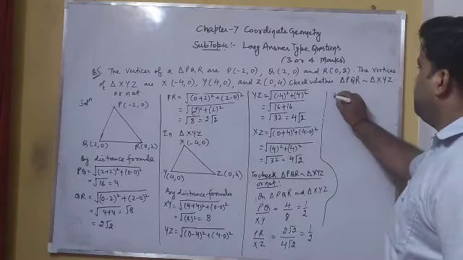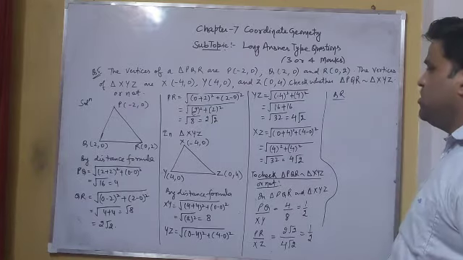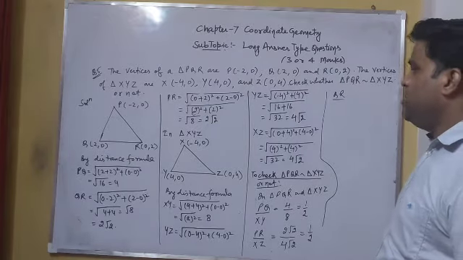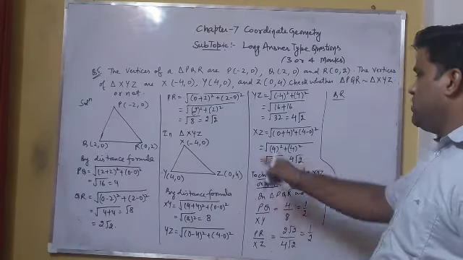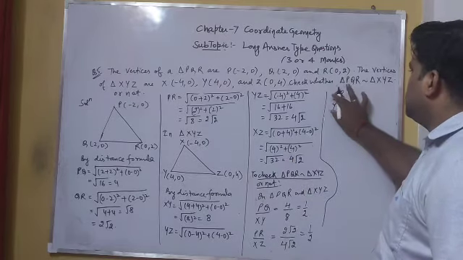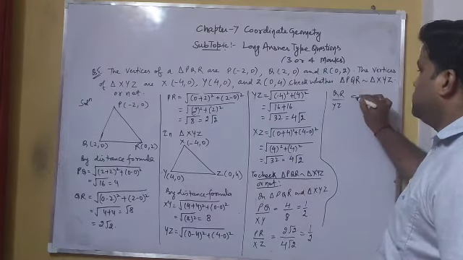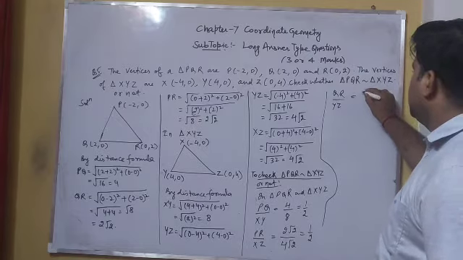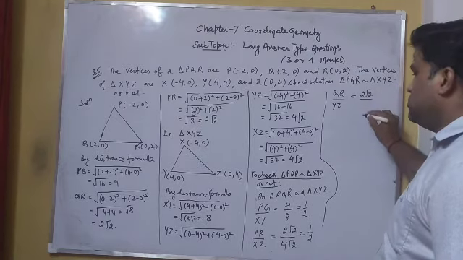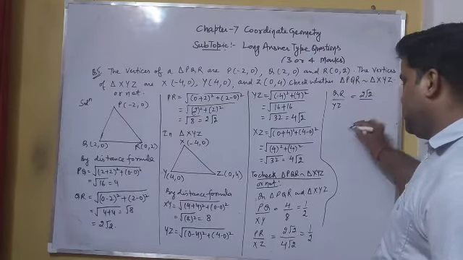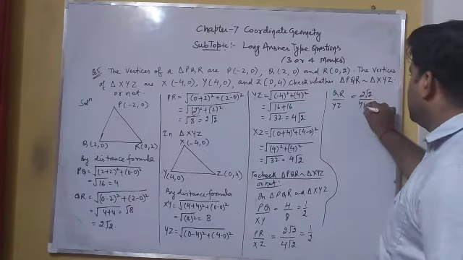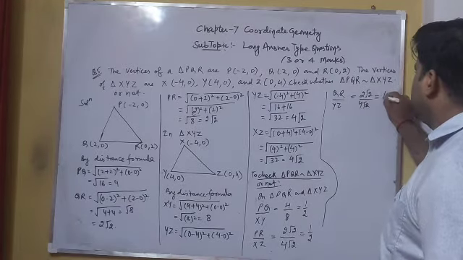Similarly the ratio of corresponding sides of both triangles PQR and XYZ is QR by YZ, which is equal to 2 root 2 upon 4 root 2. So we get 1 by 2.